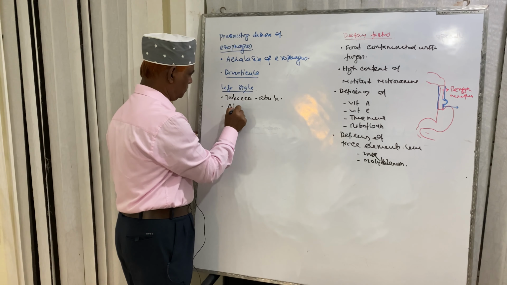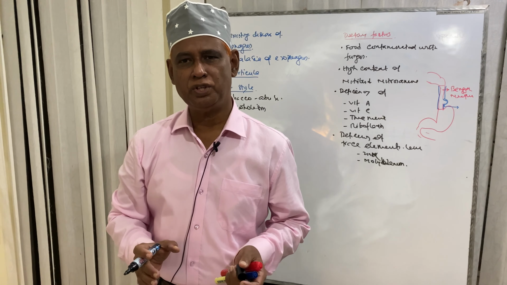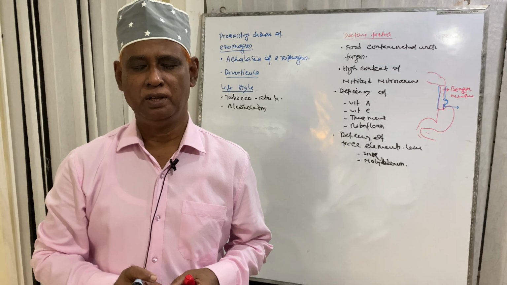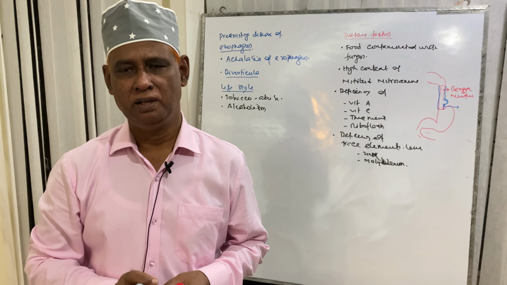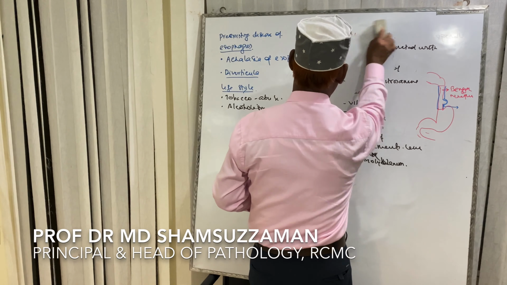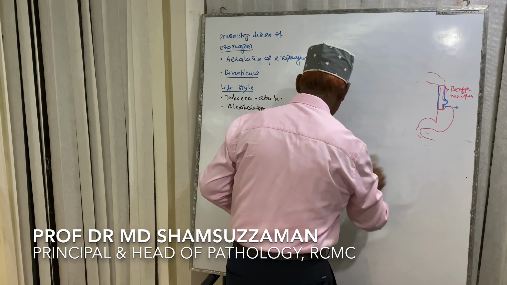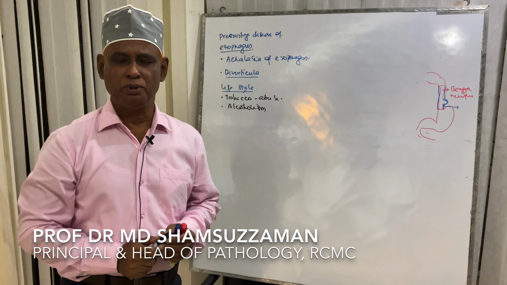Alcoholism. Dear audience, you know alcoholism is associated with esophagitis, and it may also lead to esophageal squamous cell carcinoma. Dear audience, now come to morphology of esophageal squamous cell carcinoma.